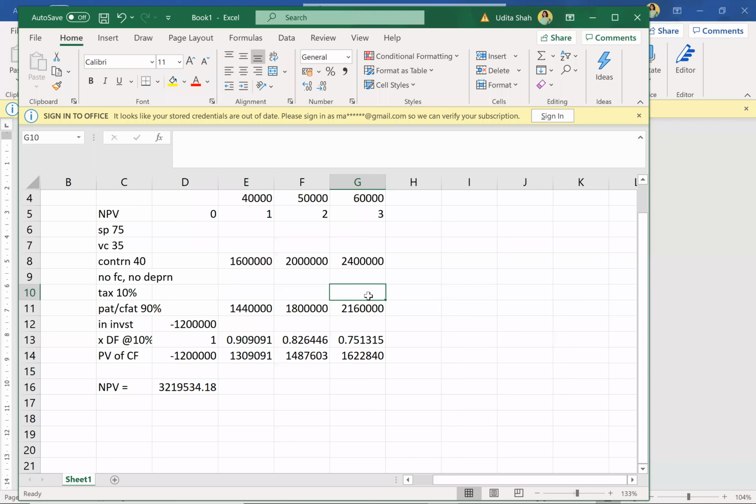Now we can start with our sensitivity analysis.